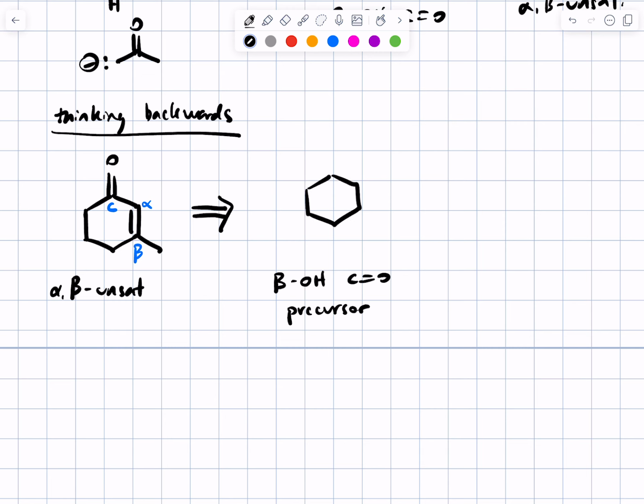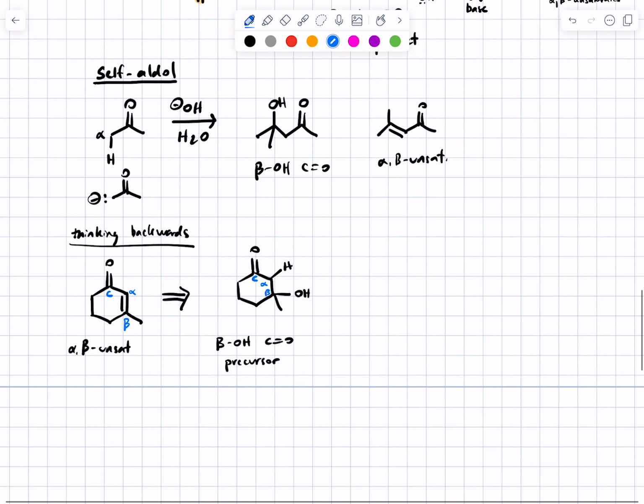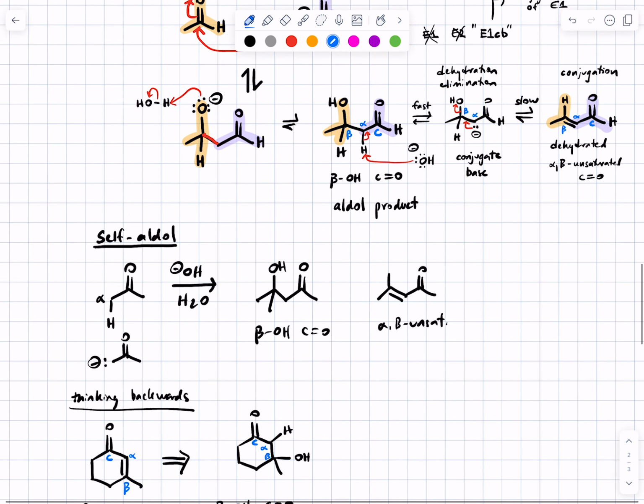To do that, we will simply put a hydrogen on the alpha carbon and an OH on the beta carbon. See what we did? Then go back to the aldol mechanism.